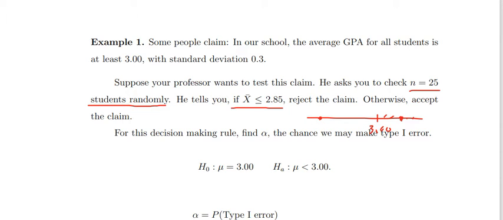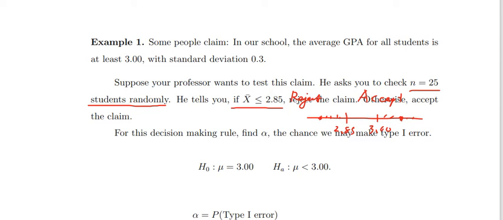So we set the cutoff point at 2.85. In this part we will reject, and larger than 2.85, we will accept. So this is the accept region, and this part is the reject region.